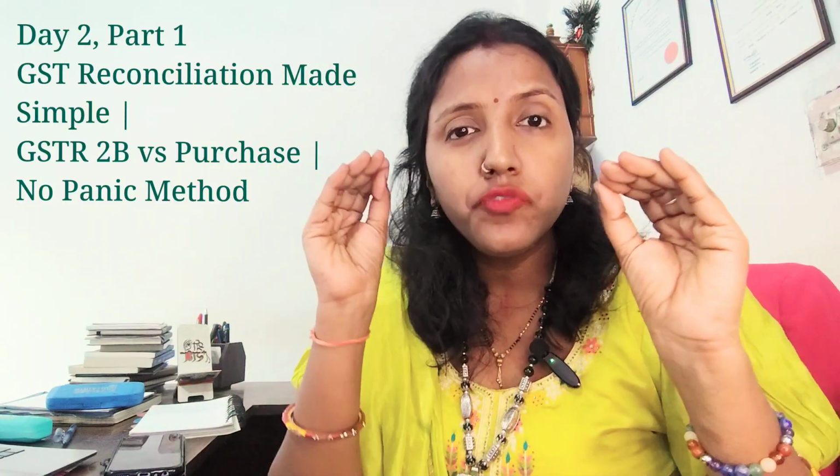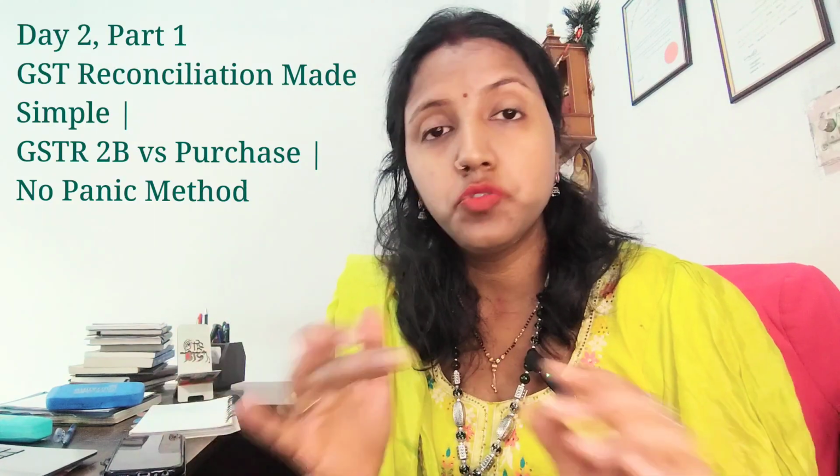So instead of ignoring this, you need to communicate with your suppliers, not on a casual basis. You need a structured follow-up, proper tracking, proper reminders, and escalation if required, because your ITC depends on your supplier's compliance.